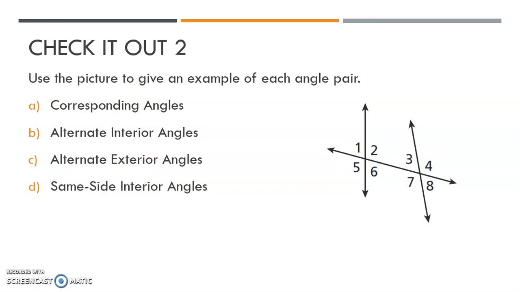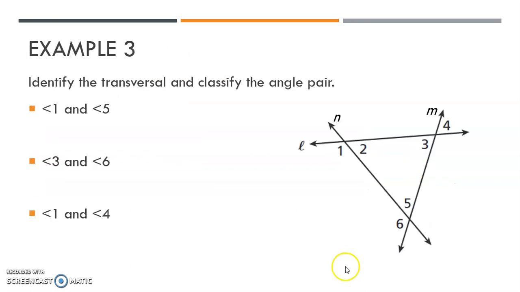We have one more example and one more check it out question. In this example, we're asked to identify the transversal and classify the angle pairs. So the transversal is going to be the line that actually touches both angles. So first find the angles they gave, 1 and 5. That's this angle here and this angle here.